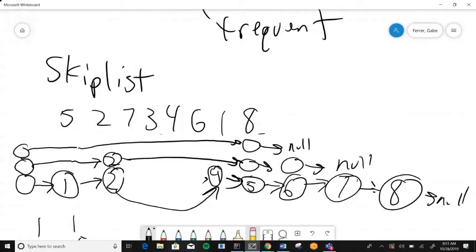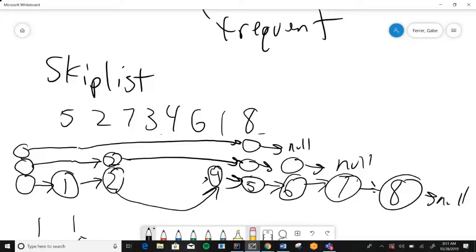How much extra work was that? It was a constant, right? So far, remove is looking pretty good. But let's do a remove that's maybe a little more violent. Maybe like 2 levels high. We're going to remove 5. Oh. So we look at our top level, and we find 5 pretty quickly, right?